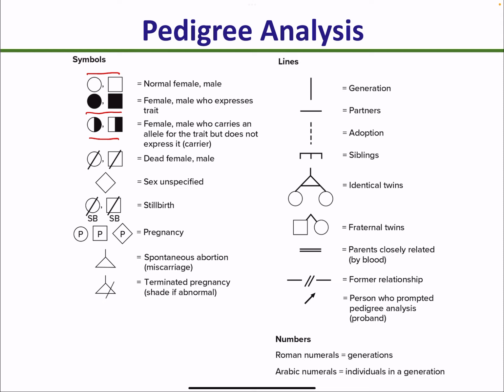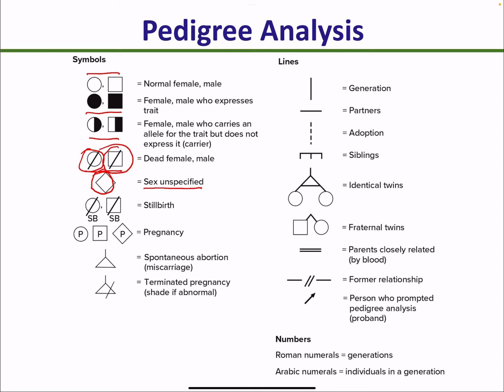Now, some pedigrees can show if people died or not, right? So here we have, in this case, dead female, dead male. A diamond sign is basically that the sex is unspecified.